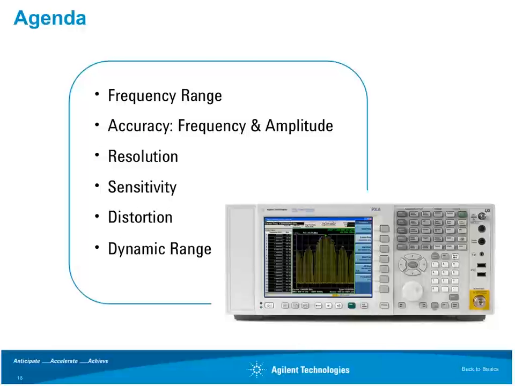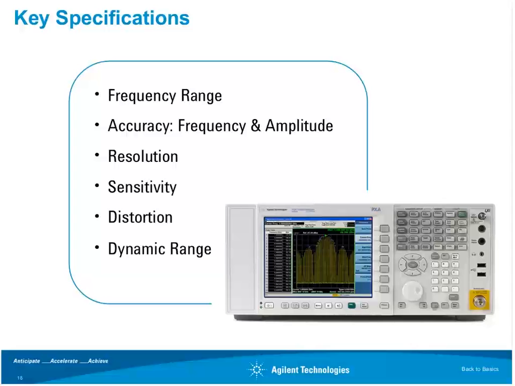Okay, now let's take a look at some of the important specifications that people are concerned with. These would include things like frequency range. I think that's probably the most basic one. You have to have an instrument that covers the frequency range of the signal you're interested in. Obviously, we're going to be concerned with the accuracy, both frequency and amplitude accuracy, of the measurements we make.